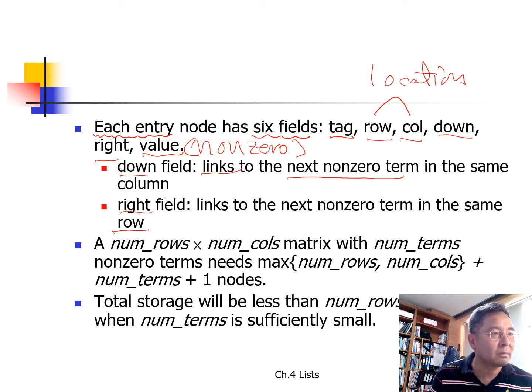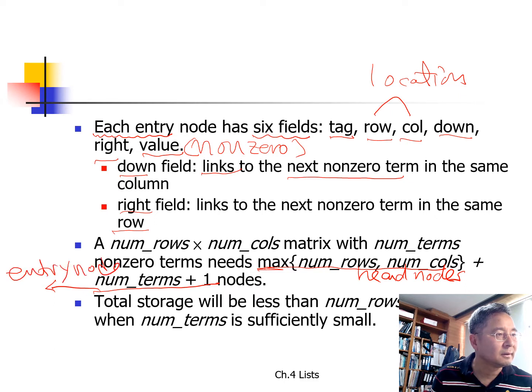A matrix with number of rows times number of columns and a number of non-zero terms needs a maximum of number of rows, number of columns, plus number of terms, plus one node. The first part is for header nodes, and this is for entry nodes.